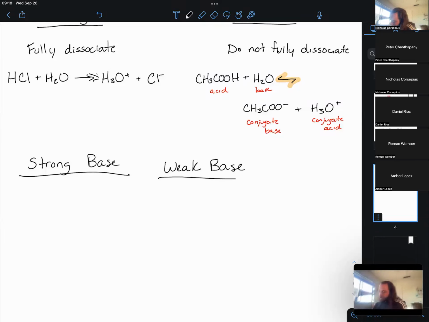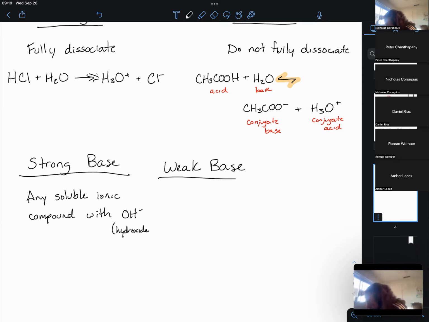A strong base is any soluble ionic compound with a hydroxide ion, right? OH minus is hydroxide. So anytime you got a salt with a hydroxide ion, that thing is going to be a strong base. All other bases are considered weak bases.